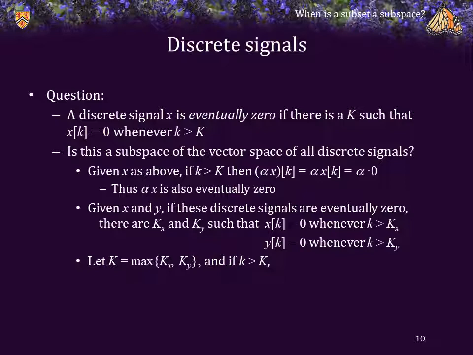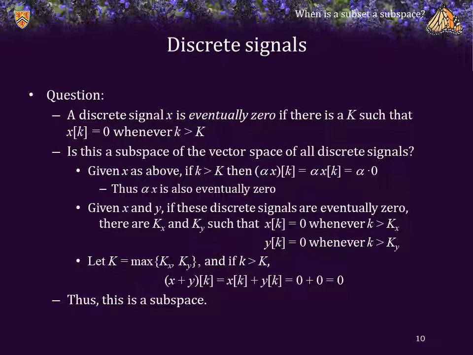Thus, if k is greater than the maximum of these two, then the discrete signal equal to the sum of these two is equal to the sum of the values of the discrete signals at this k, but because k is greater than K sub x, the first one is 0, and because k is greater than capital K sub y, the second is also 0. Therefore, this particular signal is guaranteed to be 0 after capital K, and is therefore also eventually 0.